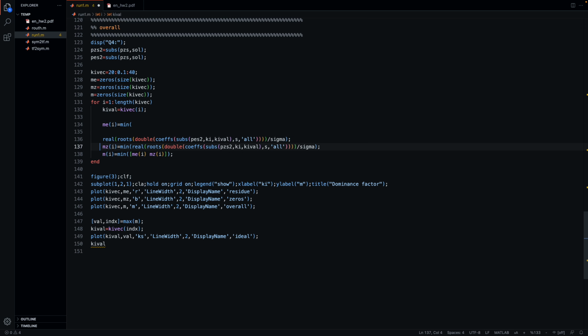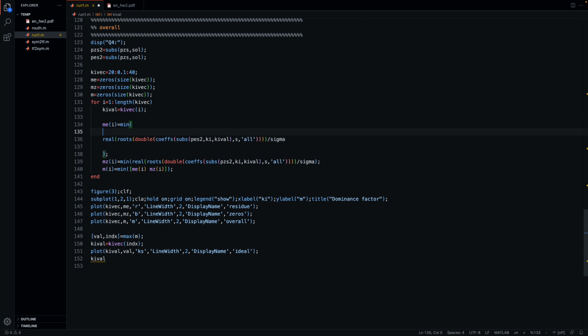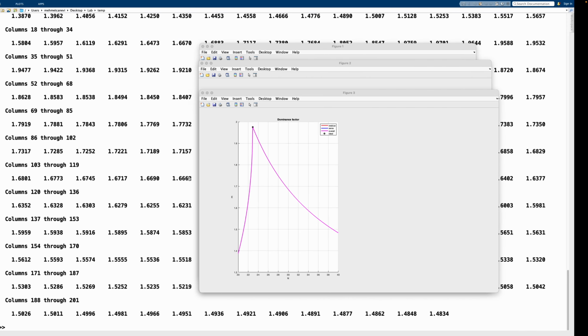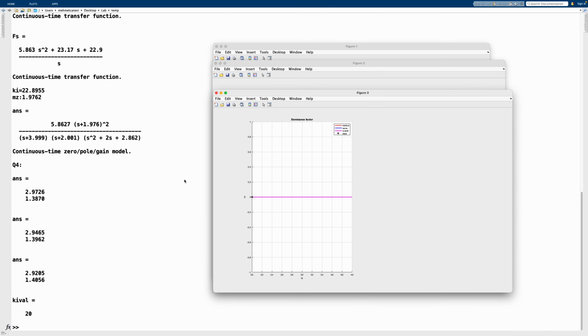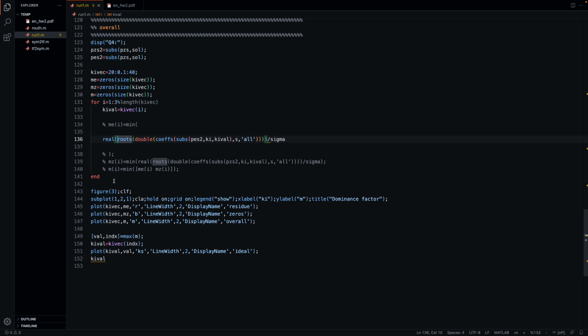Let me actually look at what we're generating here for just 3 values, for example. So double roots and then the real value of that divided by sigma. Yeah, it seems to make sense to take the minimum of this one here.